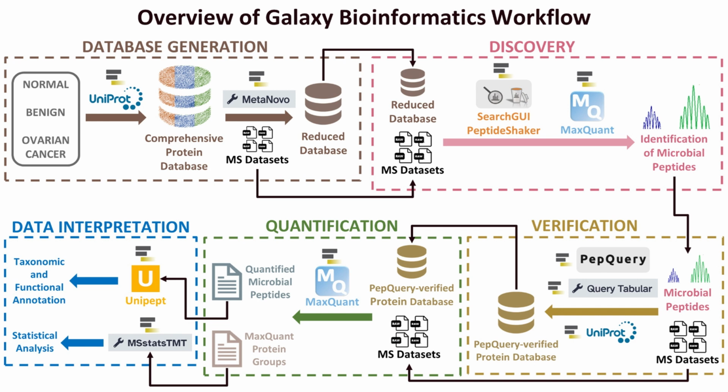If 16S rRNA data is present, the taxon identified can be used to generate a customized database. As the size of this comprehensive database is generally too large, in the range of millions of sequences, we will use the MetaNovo tool to reduce the size of the database. This reduced database will then be used for the discovery module.